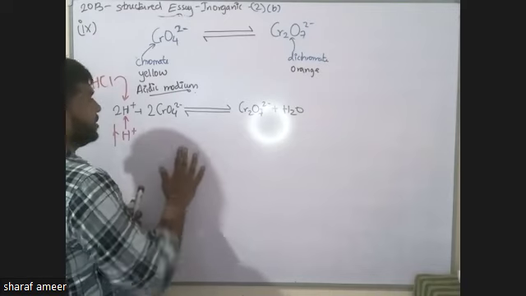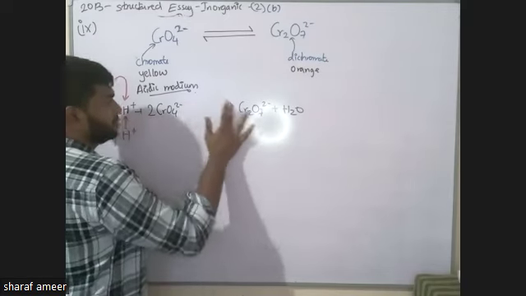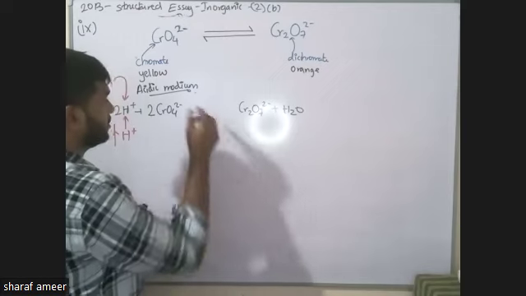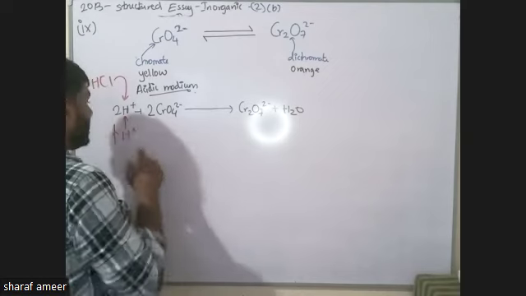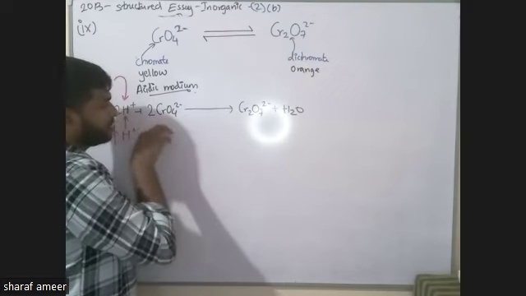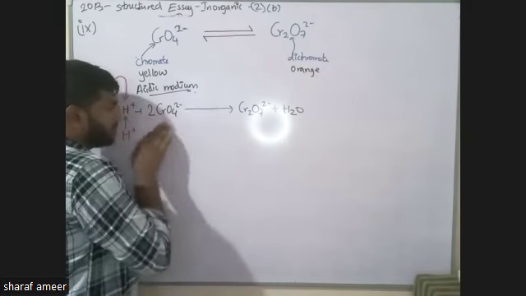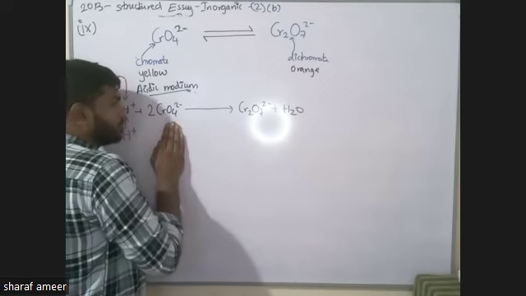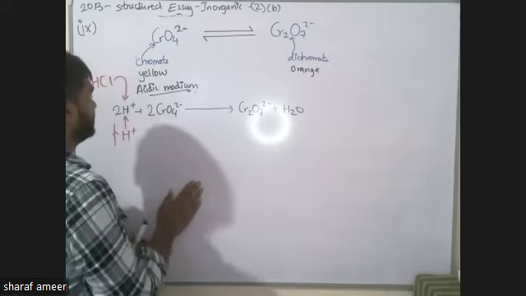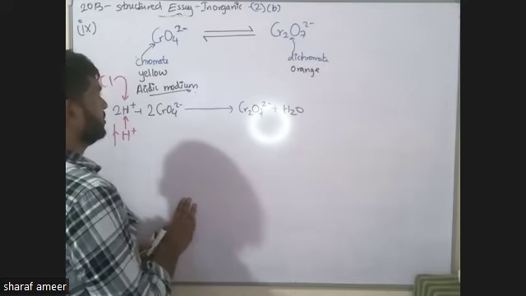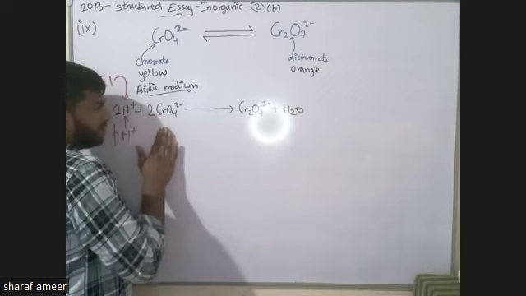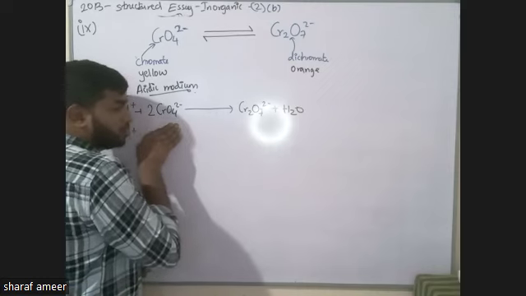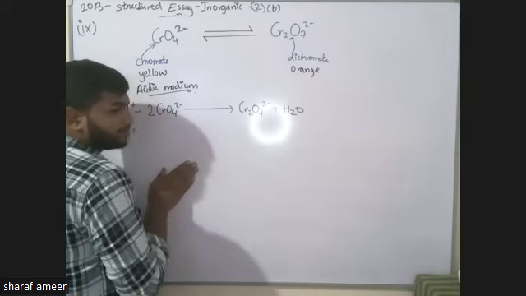By adding H plus here, the chromate will tend to move towards the dichromate state. Once you add acidic medium, once you add H plus, it moves to the dichromate side.